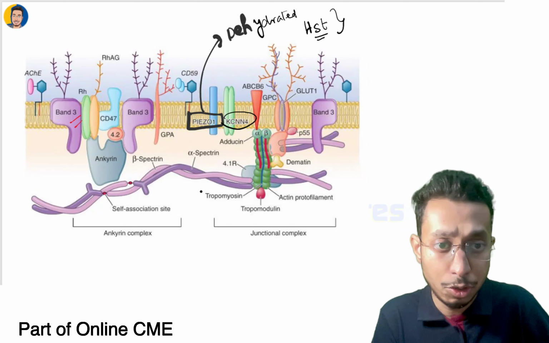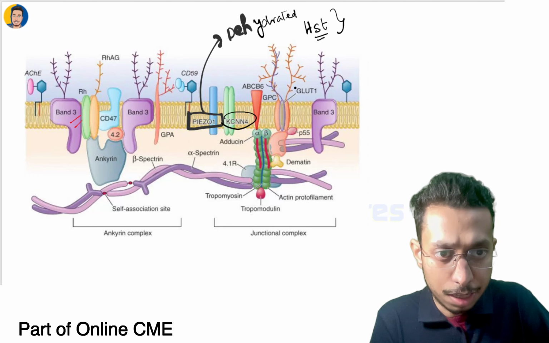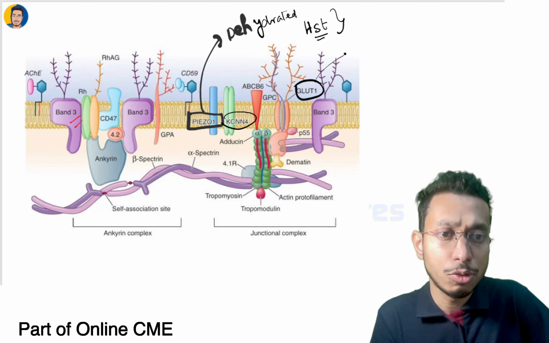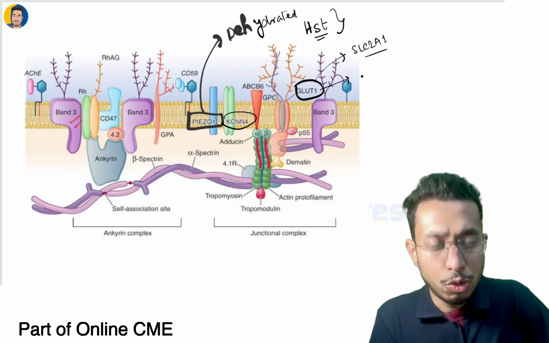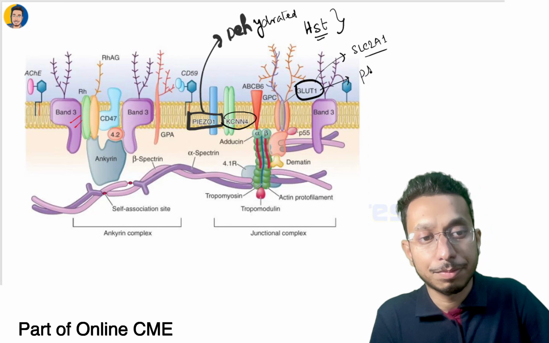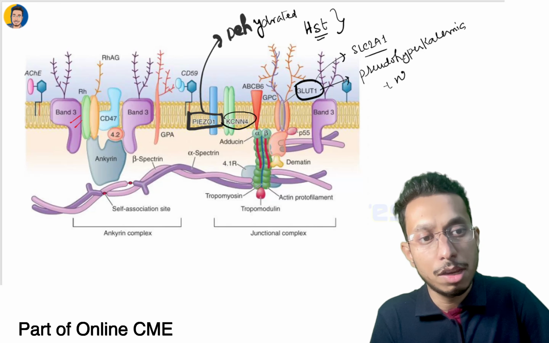Then we have the SLC2A1 defect or GLUT1 defect. This GLUT1 or SLC2A1 gene defect is associated with pseudohyperkalemia plus neurological manifestation.